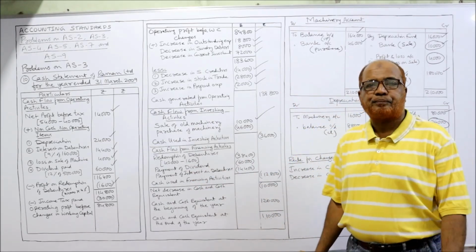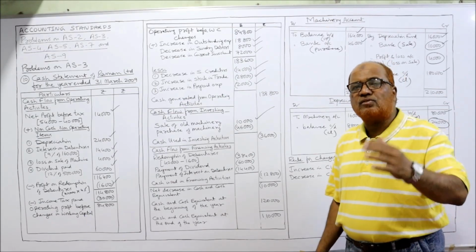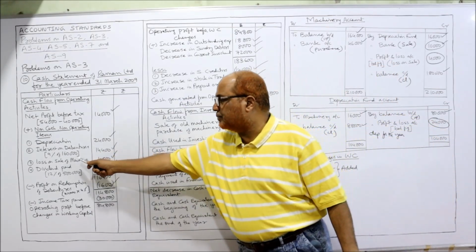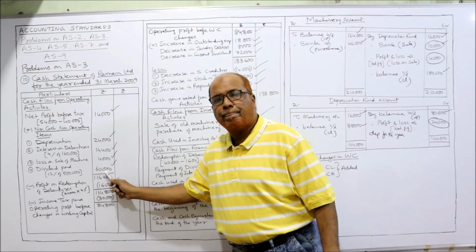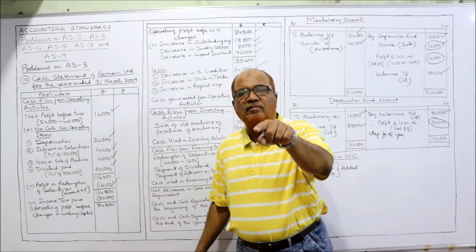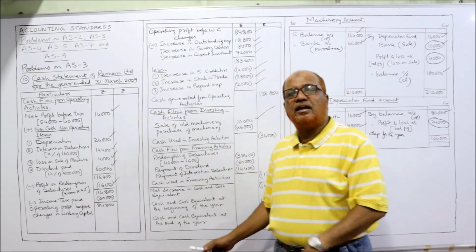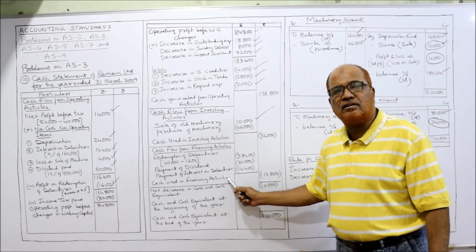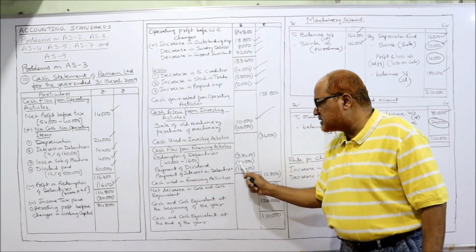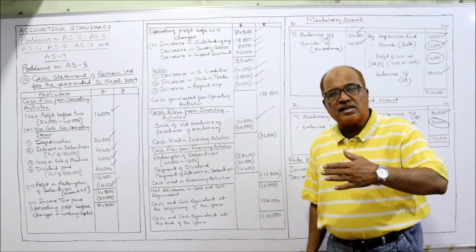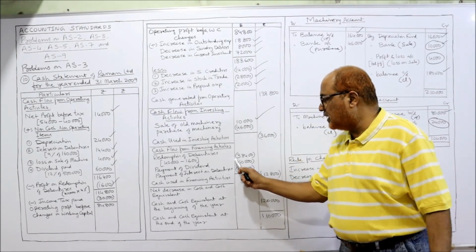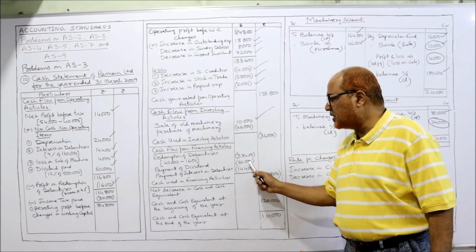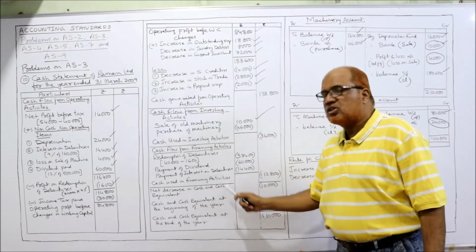Payment of dividend. Dividend paid, first of all, we have taken here as a non-cash item. Dividend paid, how much? 60,000. That dividend paid should be taken in financing activity. So dividend paid 60,000. Because it is a cash outflow, that's why in bracket. In bracket 60,000. Payment of interest on debenture.